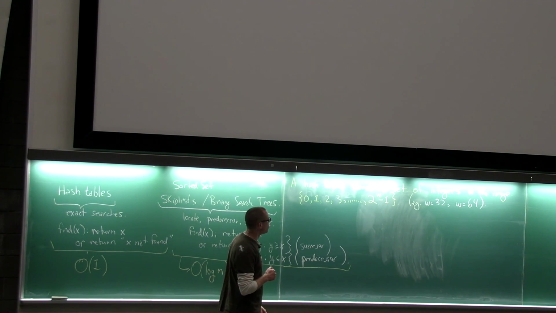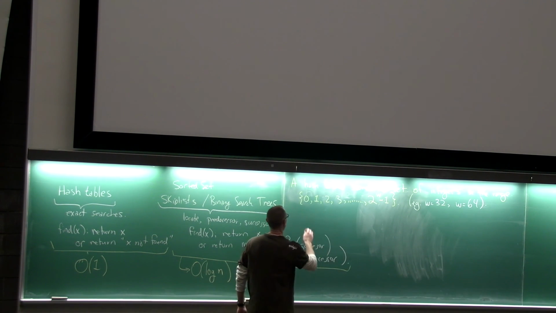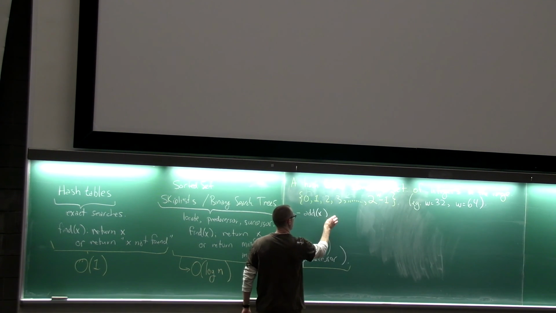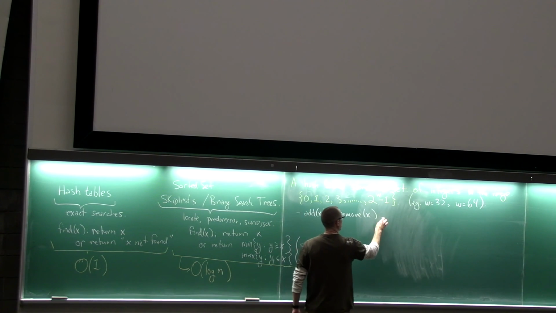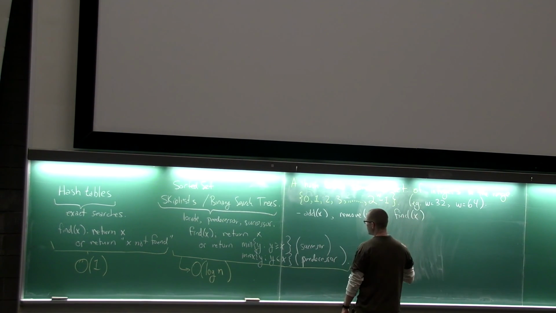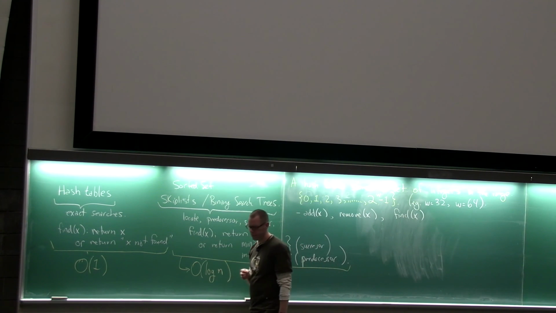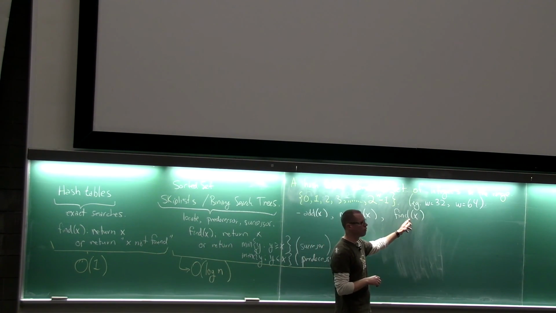So that's the goal: we want to be able to store a set of integers in this range, and we want to be able to insert elements, remove elements, and find an element if it's in the hash table, which really in this case means return true or false.